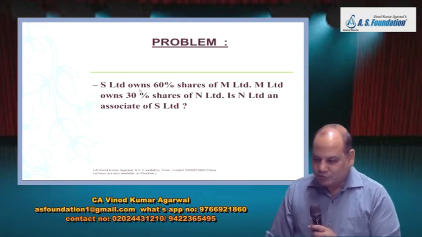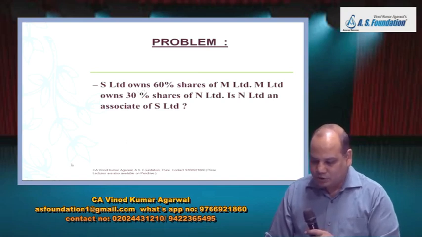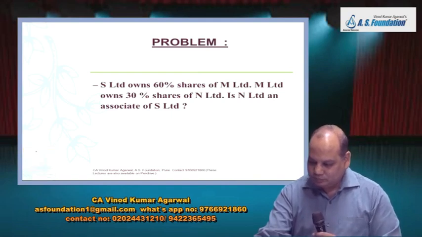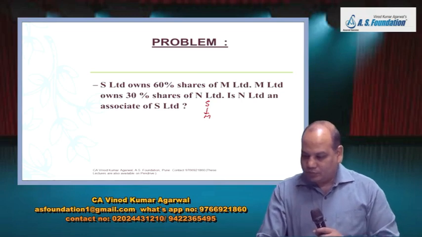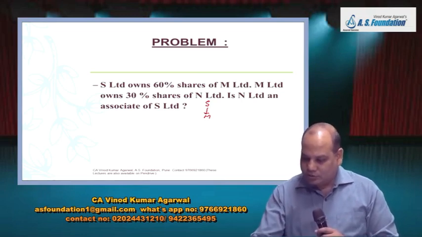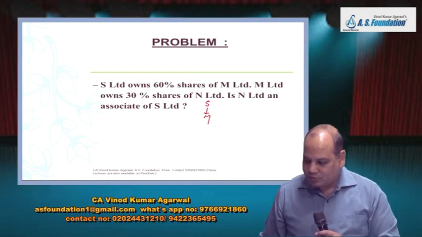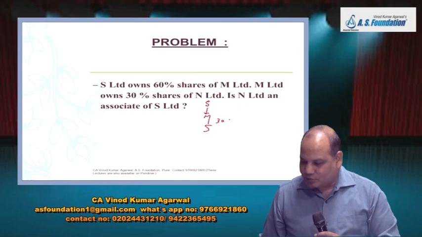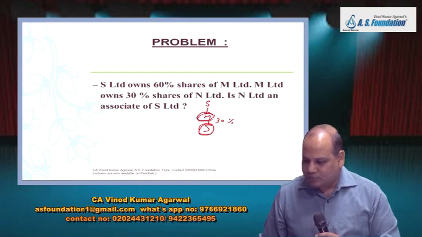Next example. S Limited owns 60% share of M. So M is a subsidiary. M Limited owns 30% share of S. That means this time the entire shareholding in the associate is through a subsidiary M. The question is the same.